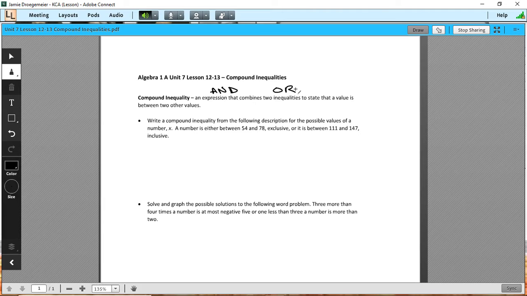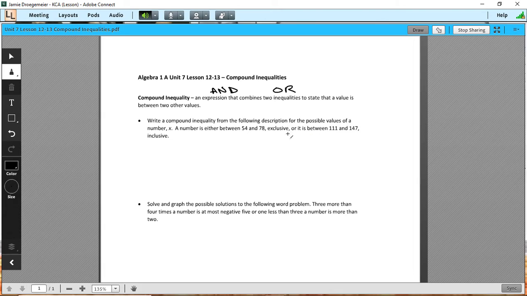Our first one says, write a compound inequality from the following description for possible values of a number x. It says that a number is either between 54 and 78 exclusive, or it's between 111 and 147 inclusive.